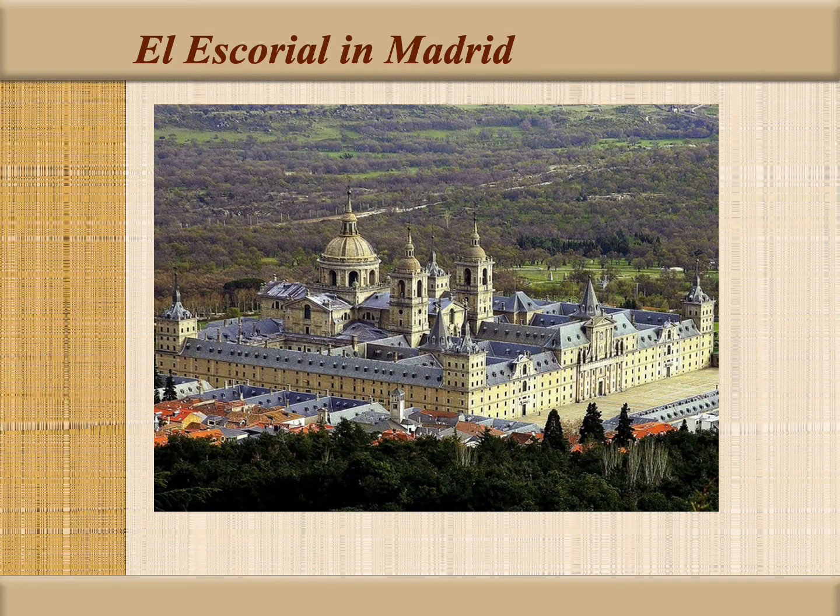Located near Madrid, San Lorenzo de el Escorial is an imposing architectural complex that is arguably the most ambitious monument constructed during the Renaissance in Spain.